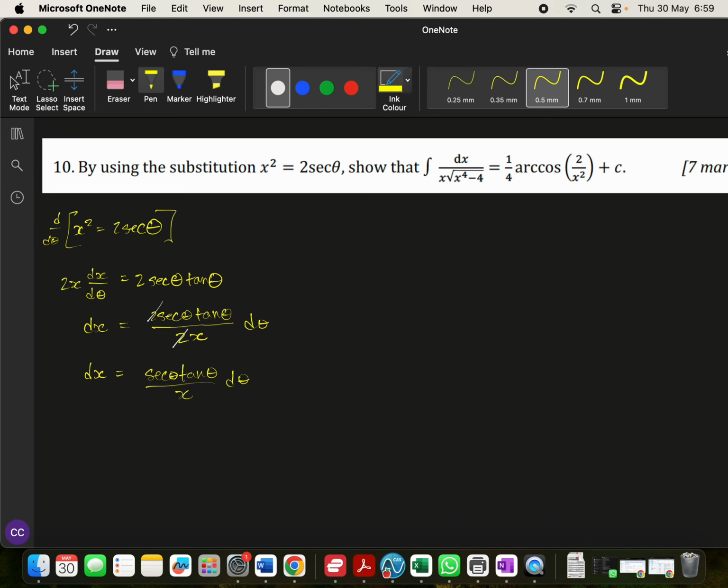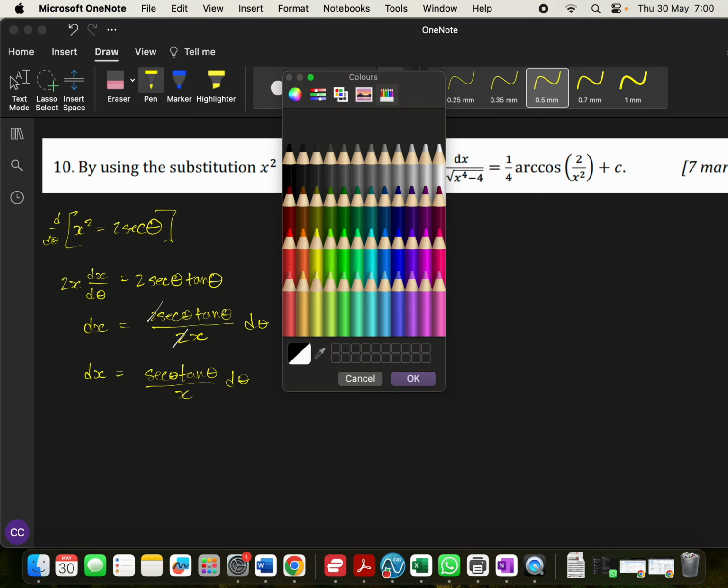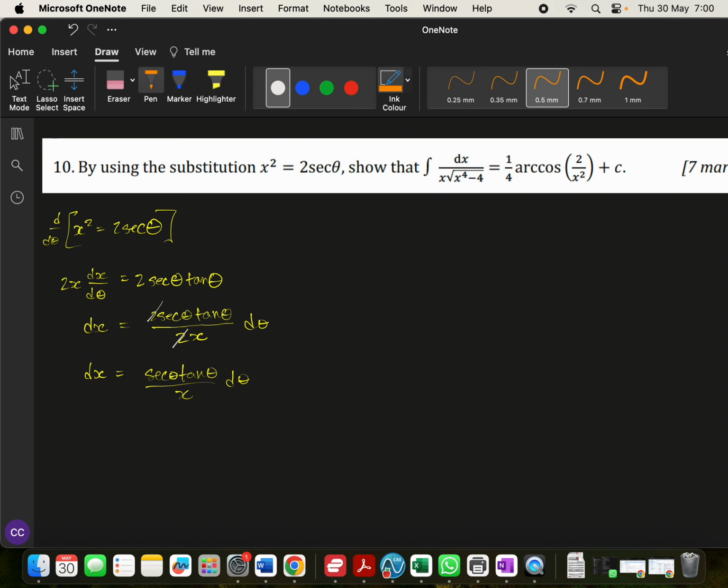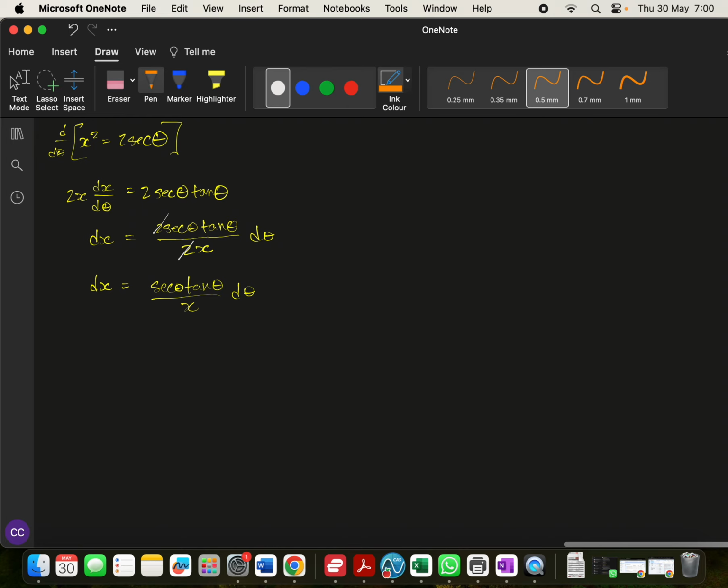So in order to do that, we just need to do a little bit more work with this in terms of solving for x. Actually, solving for theta is what we're going to be doing. So if I do that, I would end up with secant theta is x squared over 2.